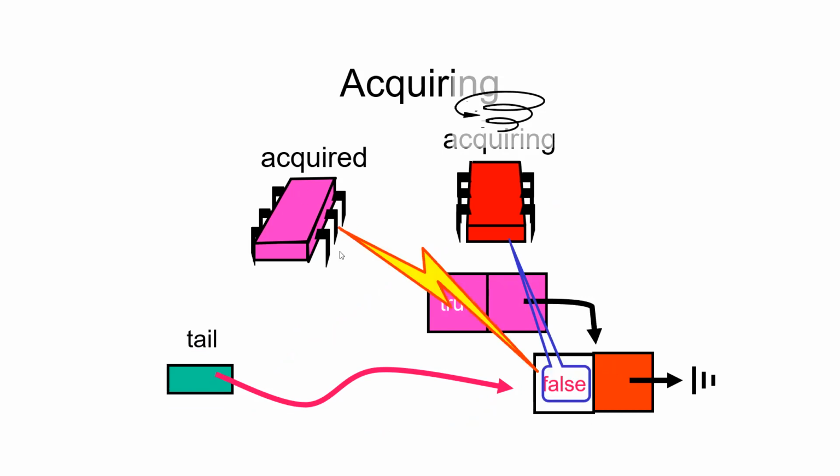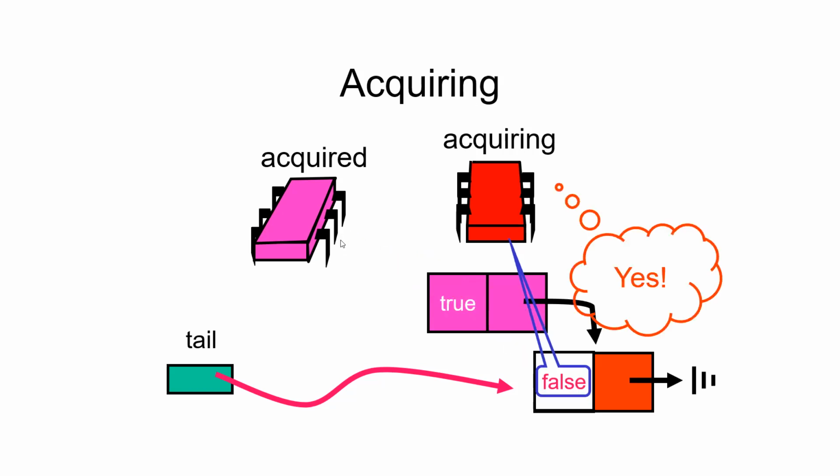Now, whenever the thread wants to release the lock, this particular queue node will update the next thread by changing its flag bit. Until that time, it will spin on that particular queue node only.